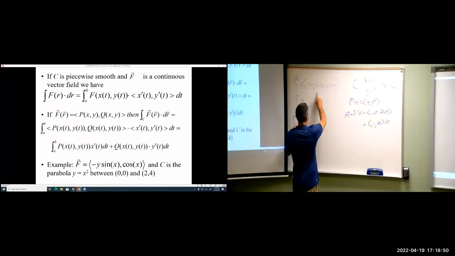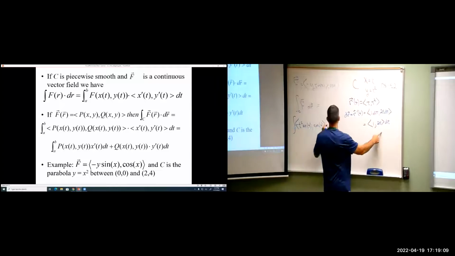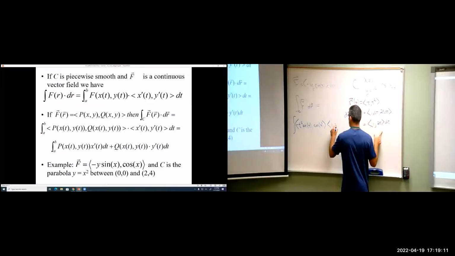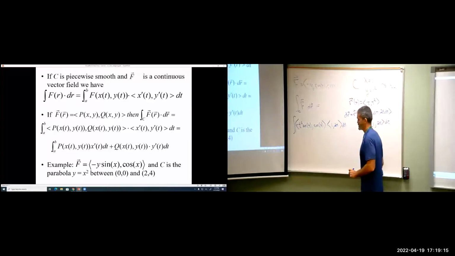So negative t squared sine of t, comma, cosine of x is equal to t. This is going to get dotted with <1, 2t> dt.